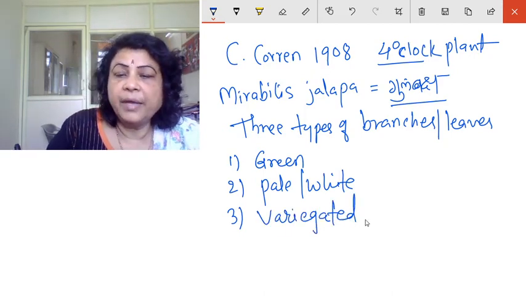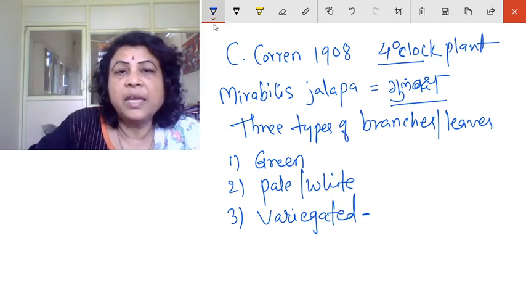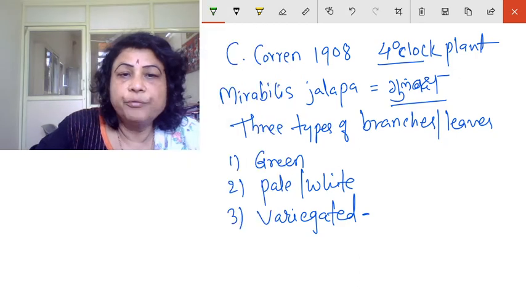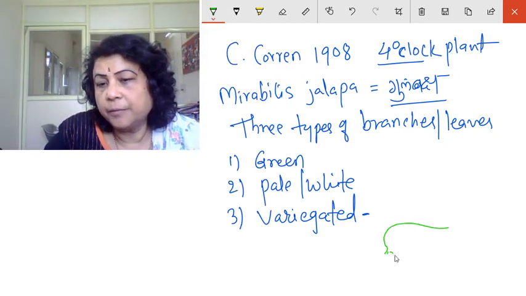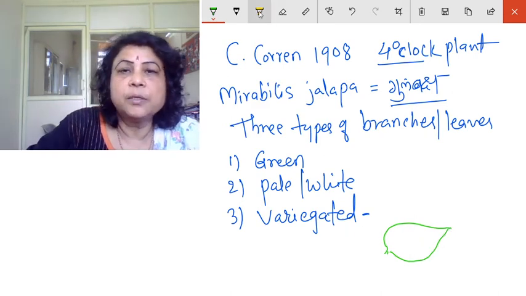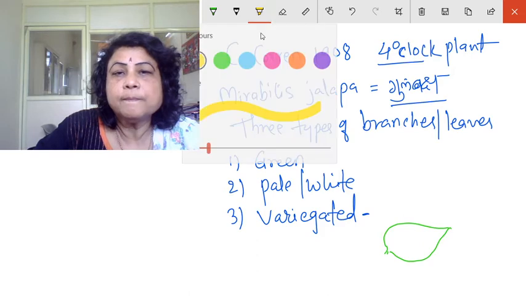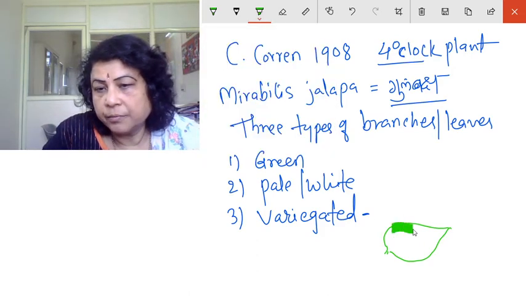The variegated means they have leaves with patches of white color and the green color.